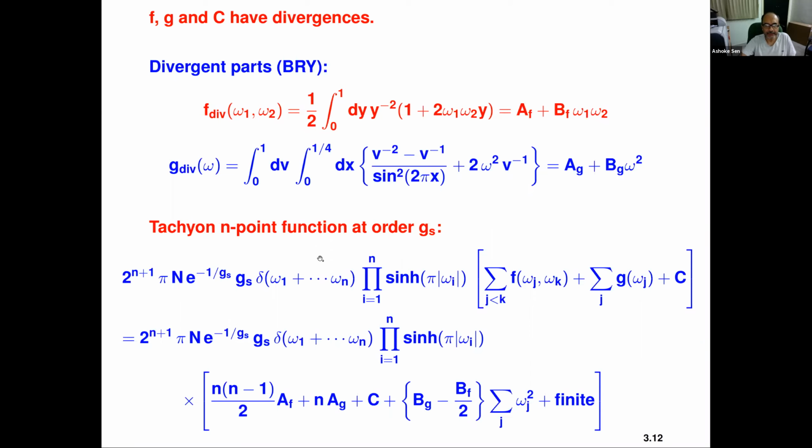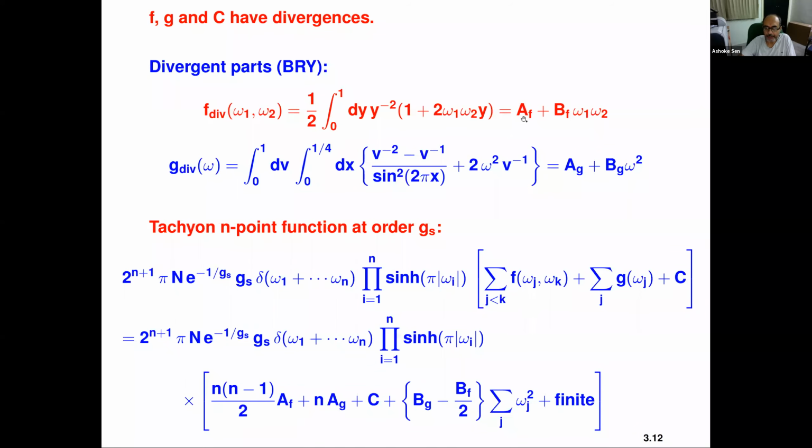So let's now look at the tachyon n-point function at order g string that we wrote down. Okay, so this is a tachyon n-point function. And now let's see how these constants AF, BF, AG, BG, and C affect this n-point function. That's simple because in this sum, you see that there are n times n minus 1 by 2 terms.